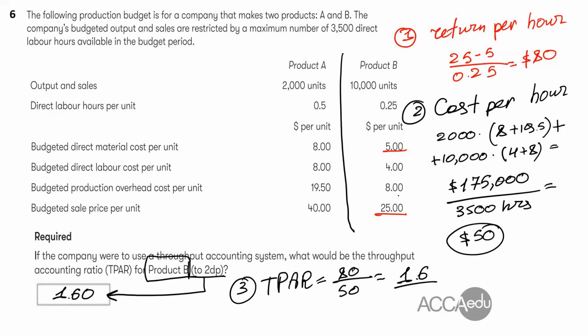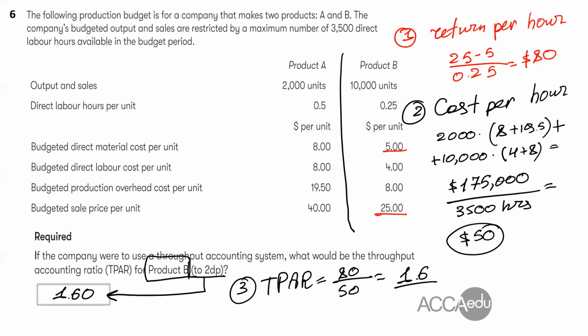Selling price 25. To find the return per hour, we subtract only the material cost per unit from selling price, because for throughput accounting, only material costs are deemed to be variable. All other costs are assumed fixed.